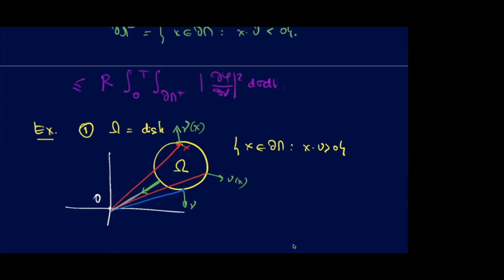So when is x·ν greater than 0? It's simply on those points where the angle between the two vectors is less than pi over 2. Then you see that the boundary of the domain can be split into two parts.